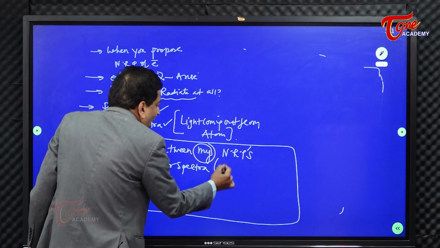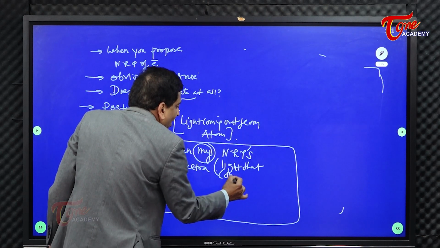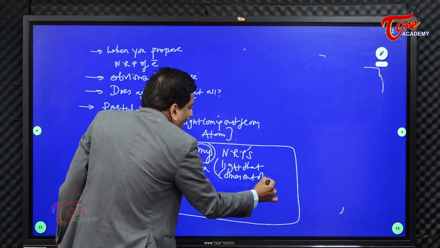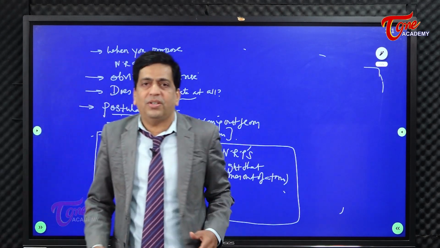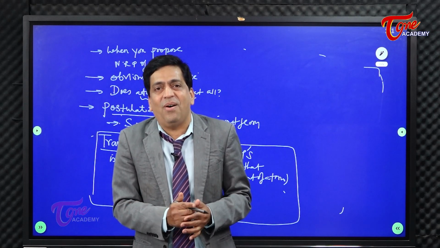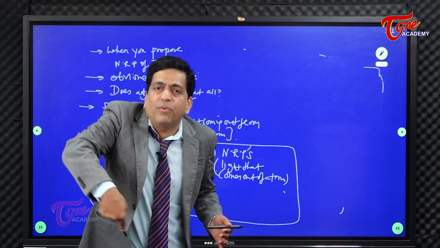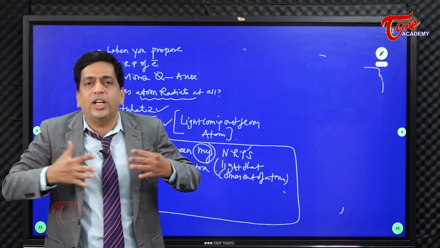Now when I say spectra, I mean the light that comes out of atom. You must understand this. Electron in the orbit when it's revolving is neither emitting energy nor losing energy. And I stick to it.